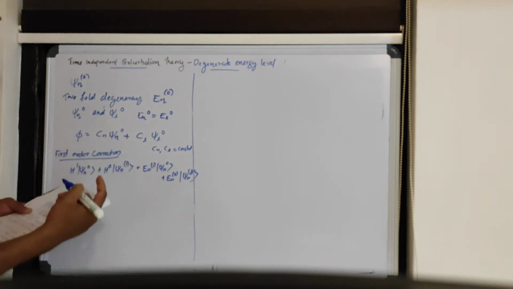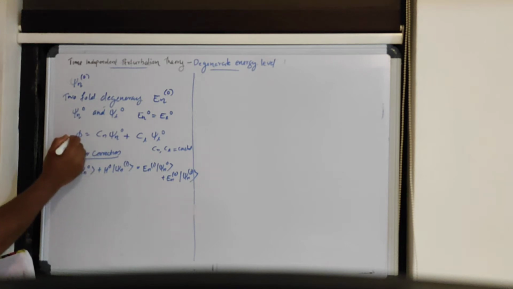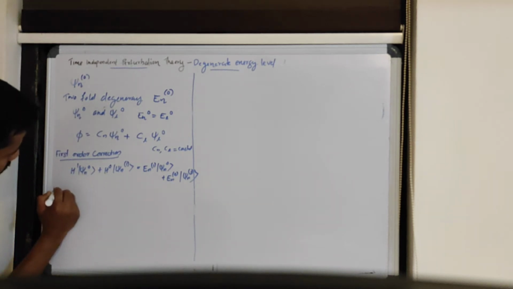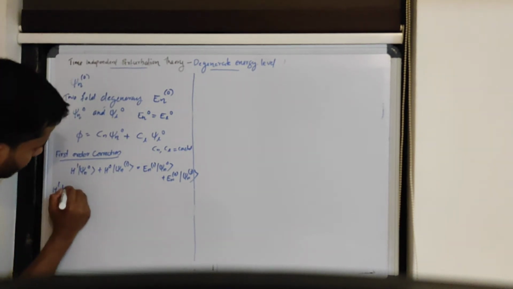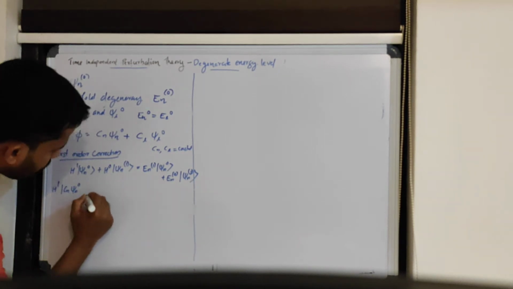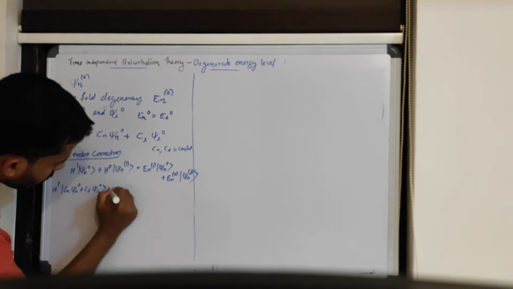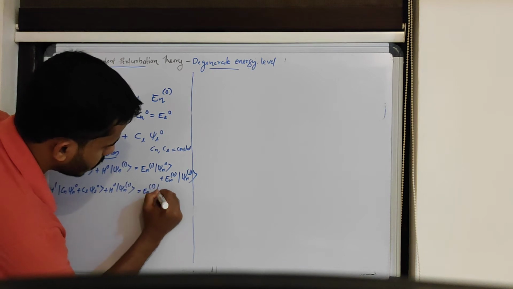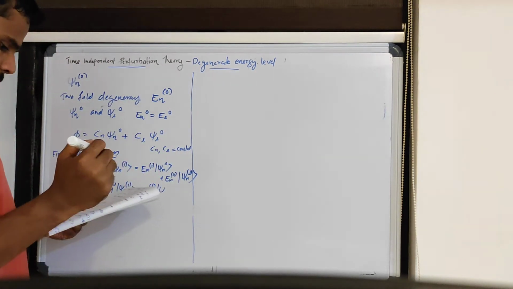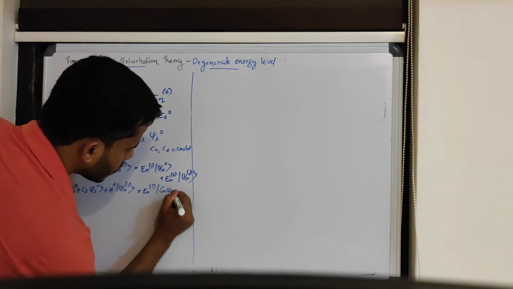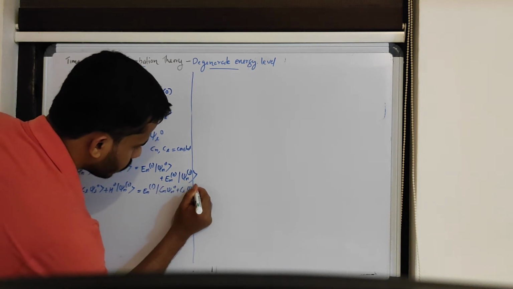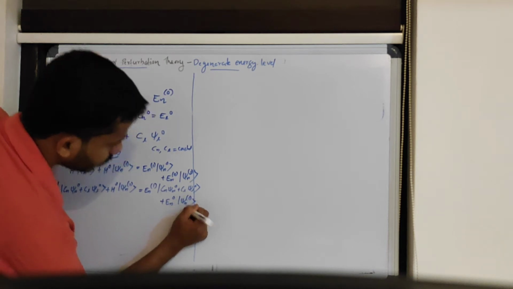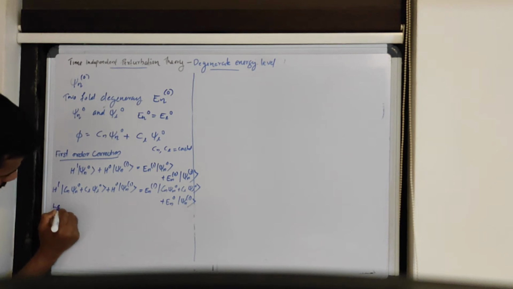Instead of psi n0, I replace it with psi, the linear combination. The equation becomes h prime times Cn psi n0 plus Cl psi l0, plus h0 psi n1, equal to en1 times Cn psi n0 plus Cl psi l0, plus En0 psi n1. This is my first step.